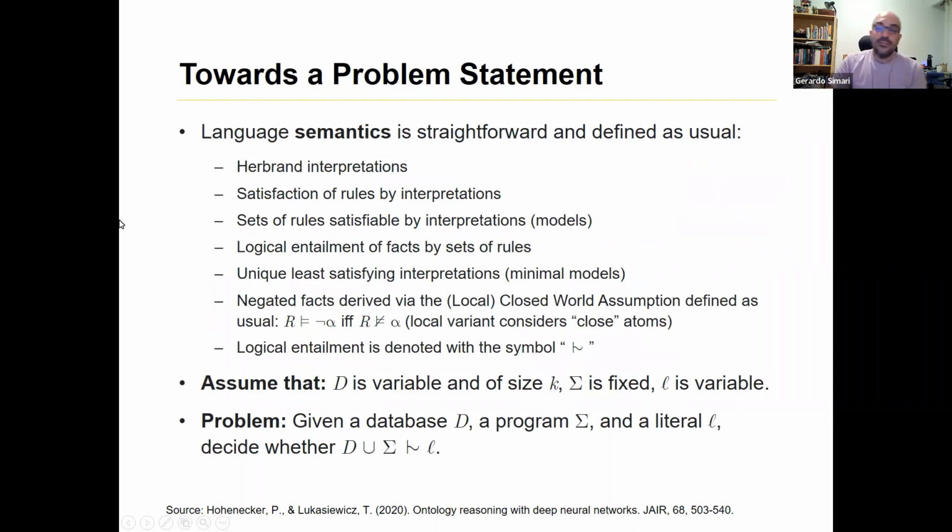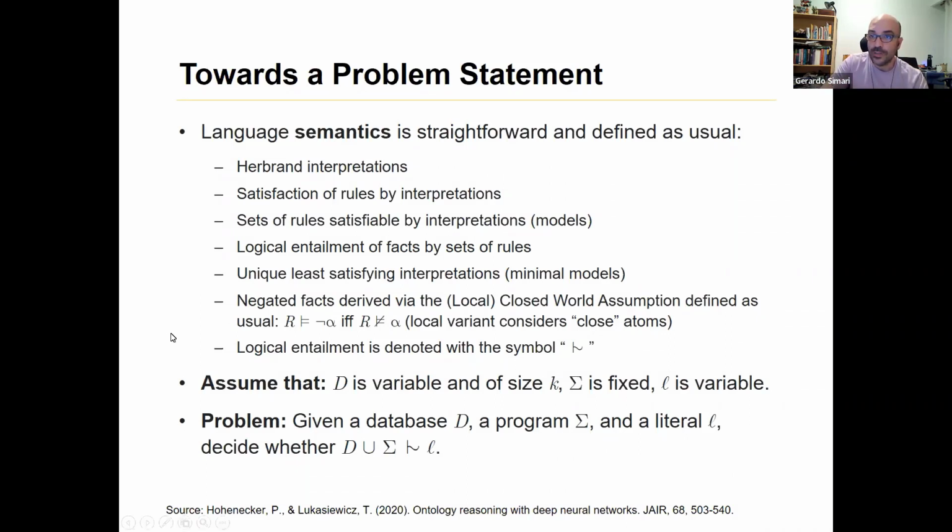The language semantics is straightforward. I won't dedicate much time to this. It's defined as usual with Herbrand interpretations, satisfaction of rules by these interpretations, logical entailment of facts by sets of rules. So we're trying to encode what is meant by truth in this language, basically, right?